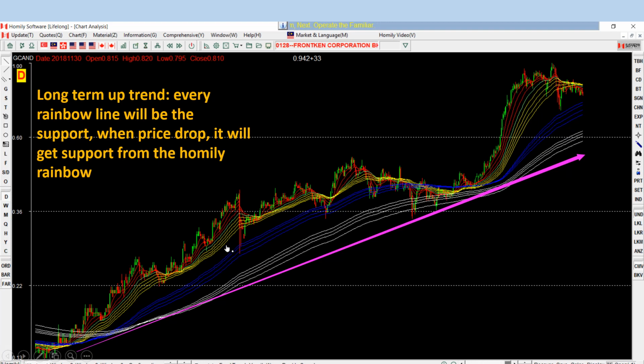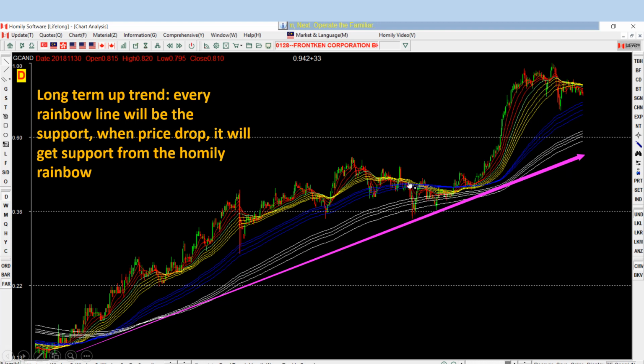After you see the price drop to the blue line, you need to consider whether the price will stop dropping, and then whether you can come in, not sell out. Every time, you can see this one also stops dropping at the blue line, here also. So you can see this is the support of the price, and it is very effective.